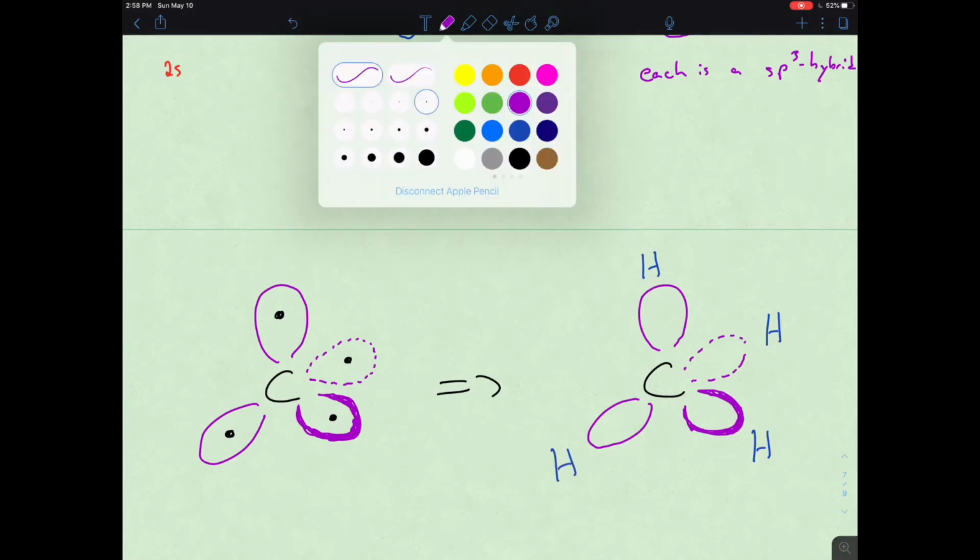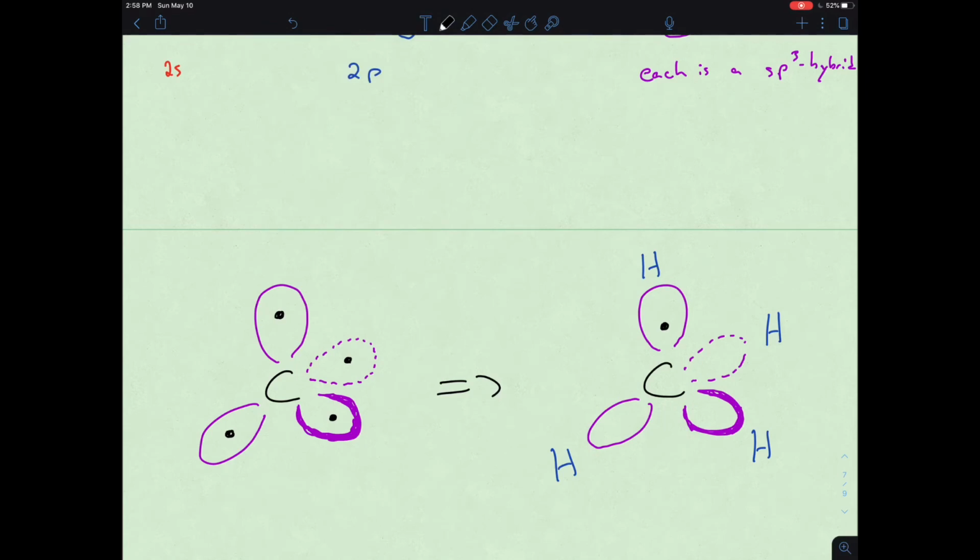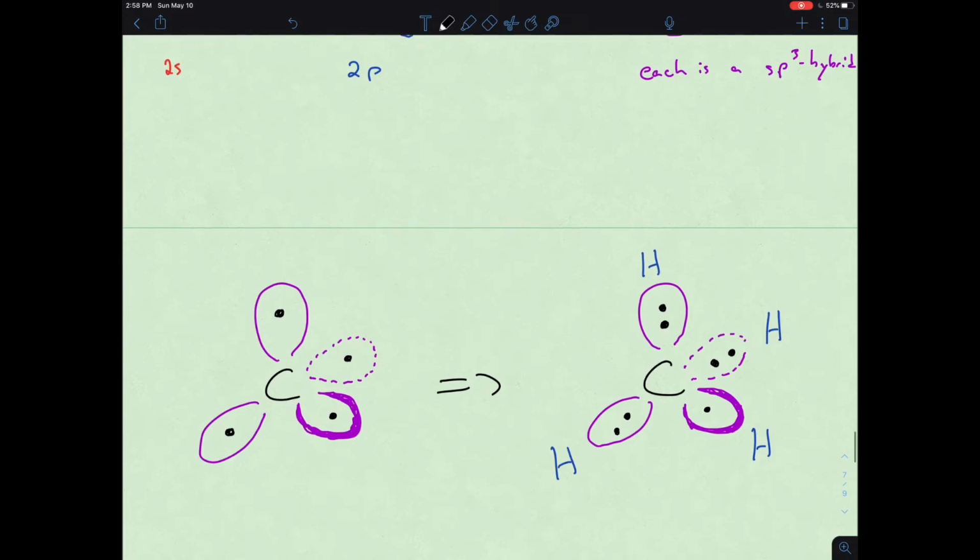Each of the carbon's electrons is singular, right, in each one of the sp3 orbitals. And then each hydrogen is bringing in another electron to actually make the bonding pair. And we're still within that idea of the geometry of 109.5 degrees.